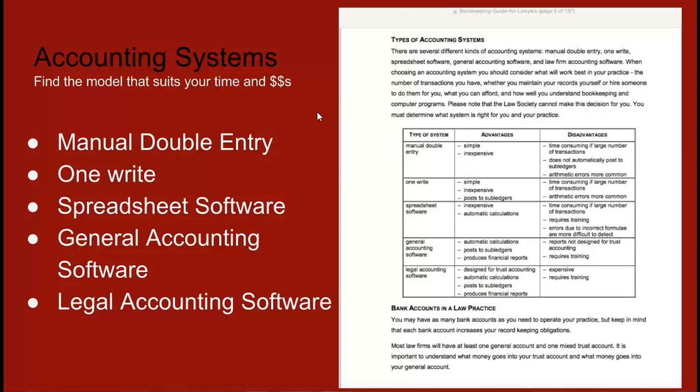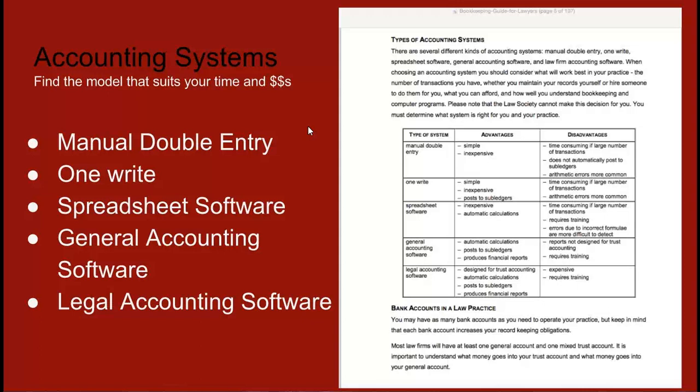Then you need to have the time and the effort to manage that double entry system. Okay, and for one, it does not automatically subledger or automatically ledger to generate all those reports.